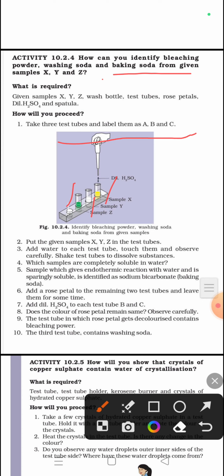The test tube in which the rose petals get decolorized contains bleaching powder, because bleaching powder has a property to decolorize substances. The third tube contains washing soda. The remaining third is the washing soda.